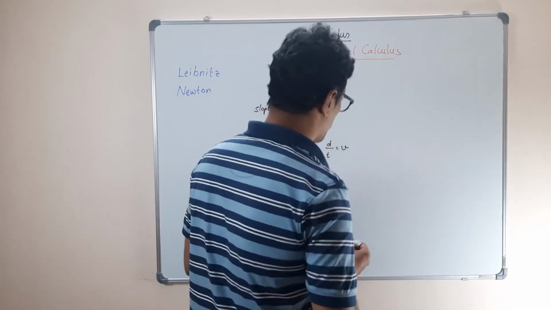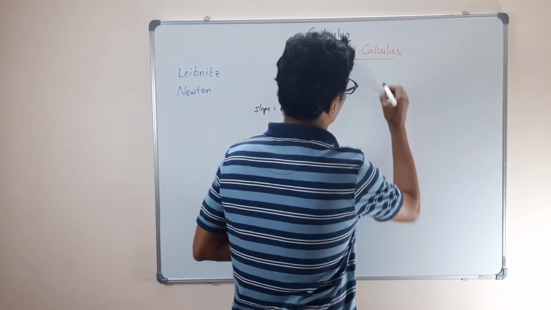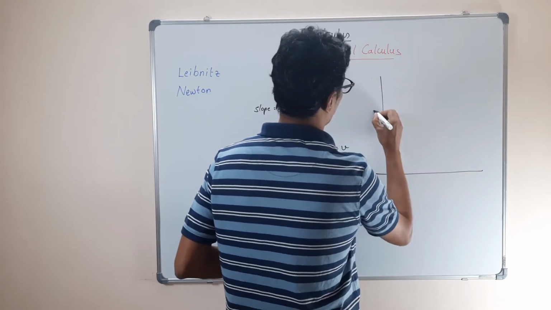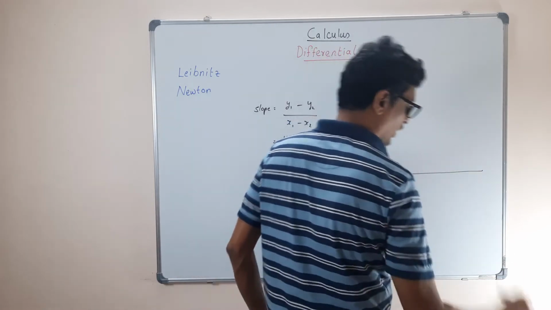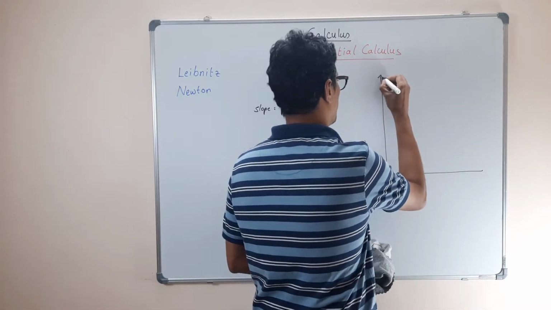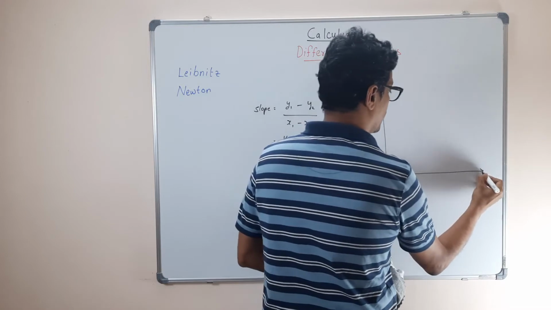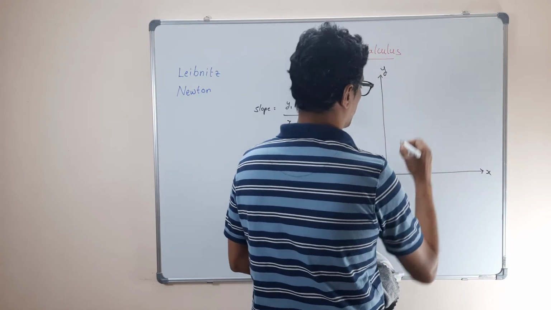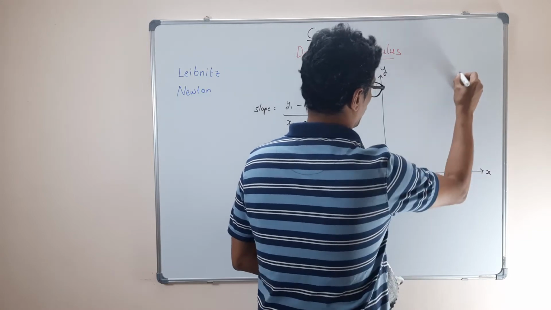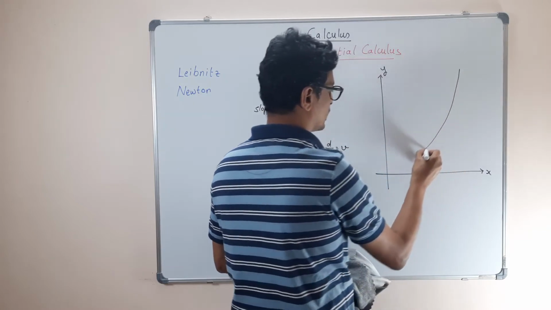So what we are going to do, we have a graph, we have plotted some function f, and this is y, the y-axis, and this is your x-axis. The function goes something like this.